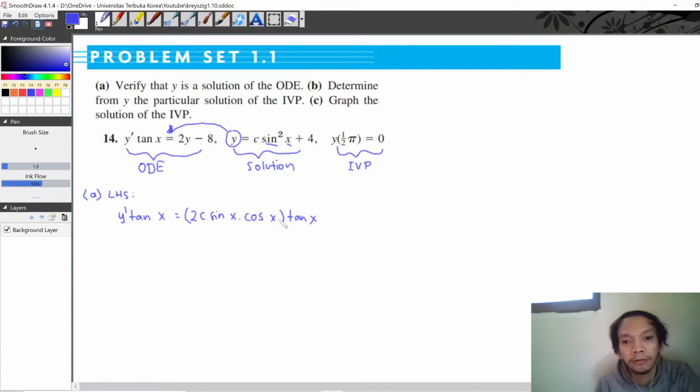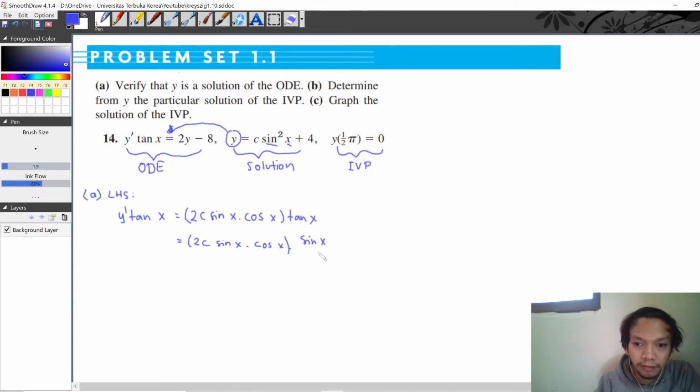Okay, now we need to use the fact that tangent x is sine x over cosine x. So we will have 2c sine x multiplied by cosine x, and then this multiplied by sine x over cosine x.